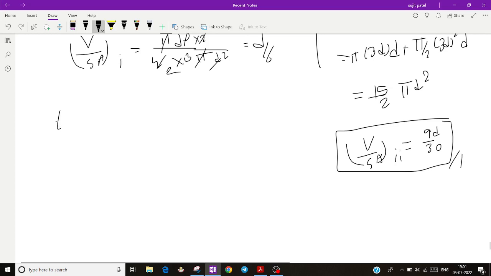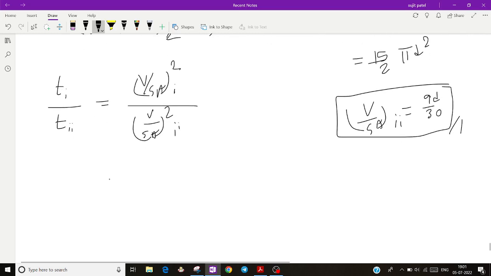Now applying Chvorinov's rule, the ratio of solidification time for the first cylinder to the second is proportional to the (volume upon surface area) square of the first cylinder over that of the second cylinder. So that is d by 6 whole square divided by 9d by 30 whole square, and the solidification time for the first cylinder is 8 minutes.